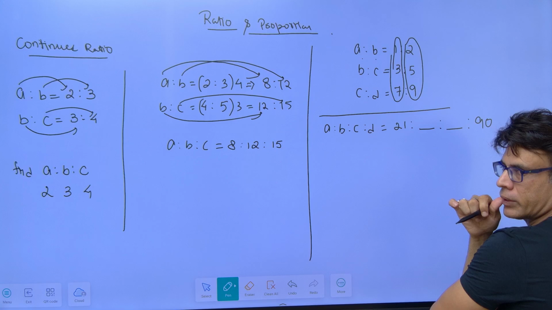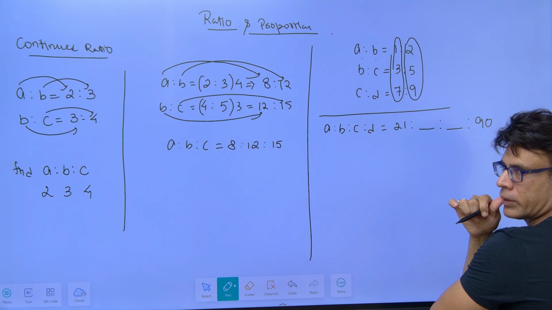See, A you got directly, D you got directly. So you write A by B is 1 by 2. The value of A we have obtained is 21, so 21 by B is equal to 1 by 2. Cross multiply: 2 into 21 is 42, equal to B. So we can write B in this fashion also. Another way of writing B.